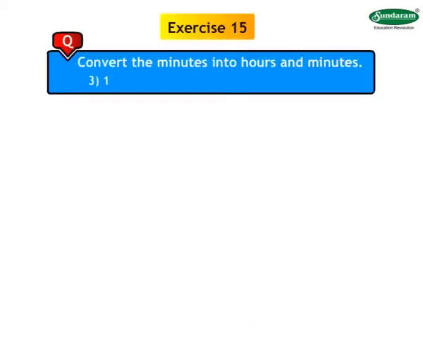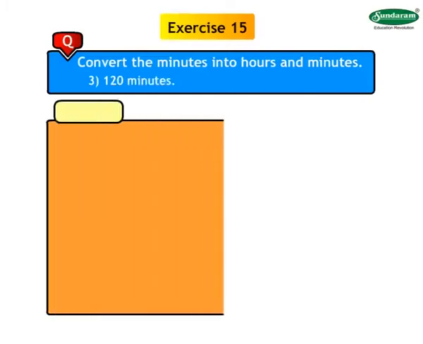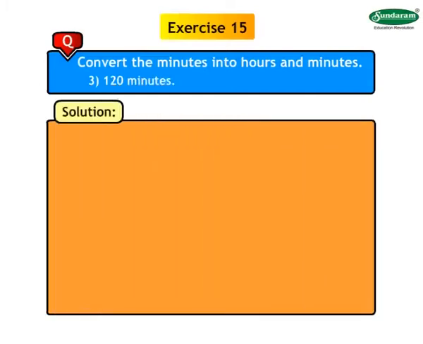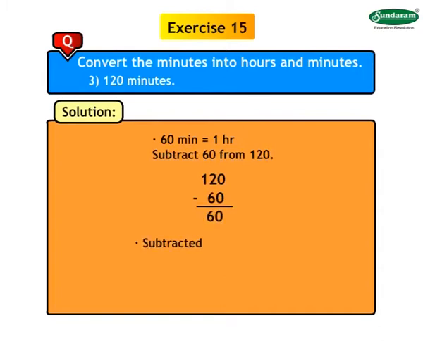3. 120 minutes. Solution. 60 minutes is equal to 1 hour. Therefore, subtract 60 from 120. Therefore, 120 minus 60 is equal to 60 minutes. Subtracted 60 minutes is equal to 1 hour. 60 minutes are left.